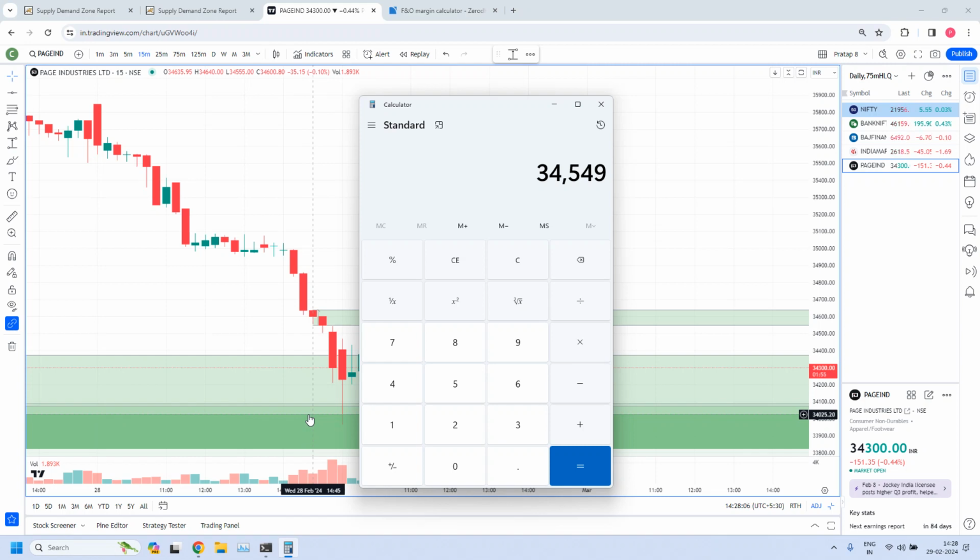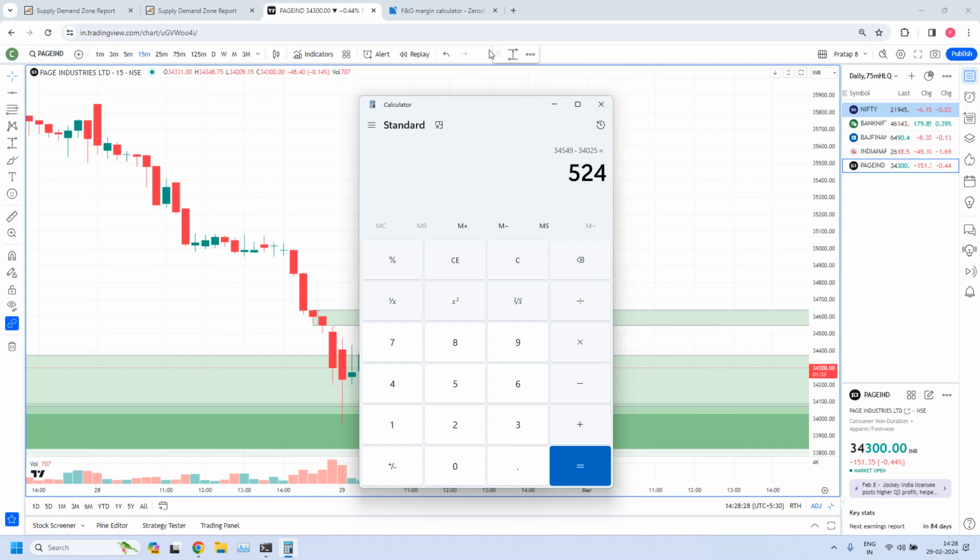Or maybe 34,025. Let me say a rough value of 34,025. So we got 524 rupees profit for each stock for Page Industries.